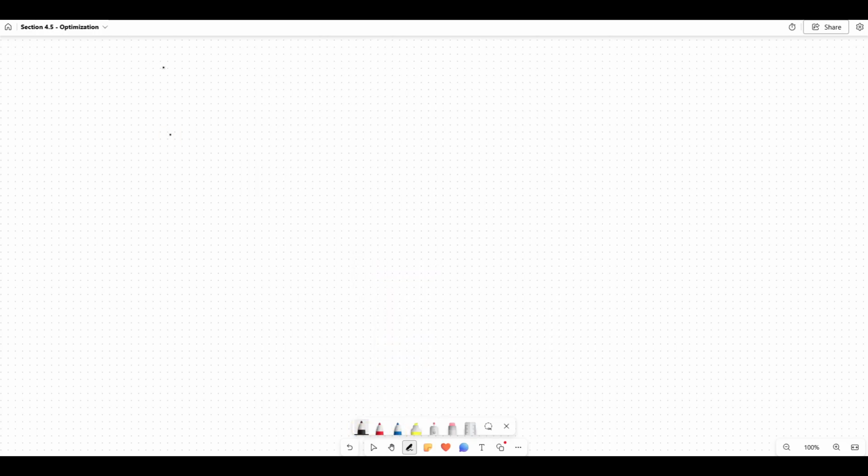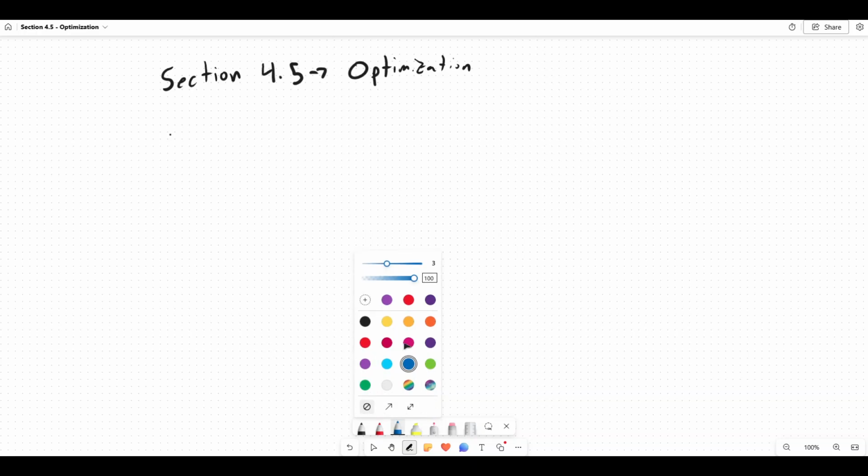So we want to talk about section 4.5, which has to do with optimization. Okay? Now, I'm willing to say, for the record, this is probably the most important lesson of calculus.